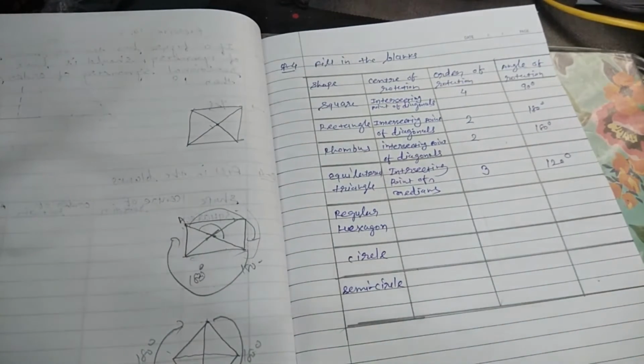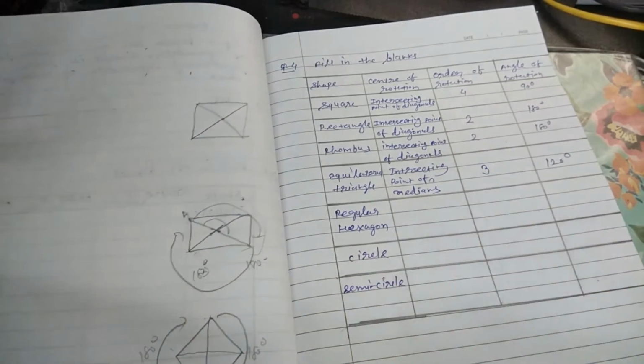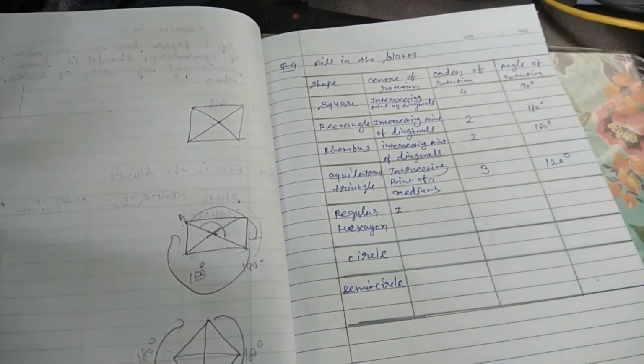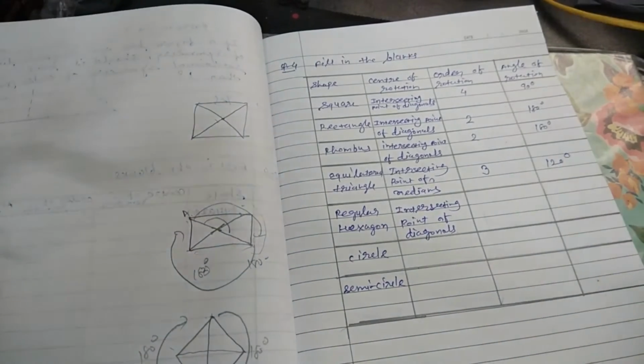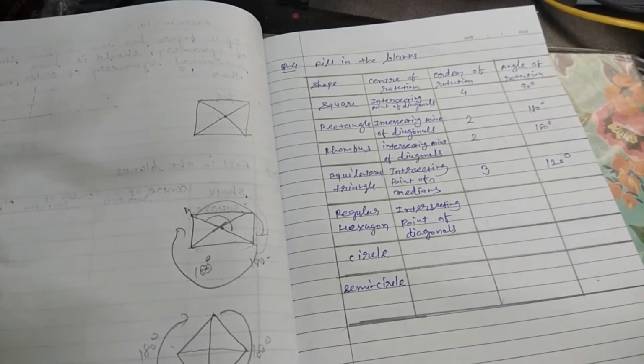Next, regular hexagon. A hexagon is a polygon, so the center of rotation will be the intersecting point of diagonals. And what is the order of rotation? As we have learned, for regular polygons, as many sides as there are, that many lines of symmetry there are. And keep in mind, whatever number of sides there are in a regular polygon, that much rotational symmetry you will get.